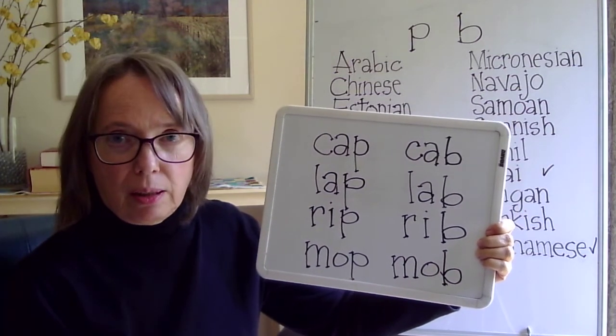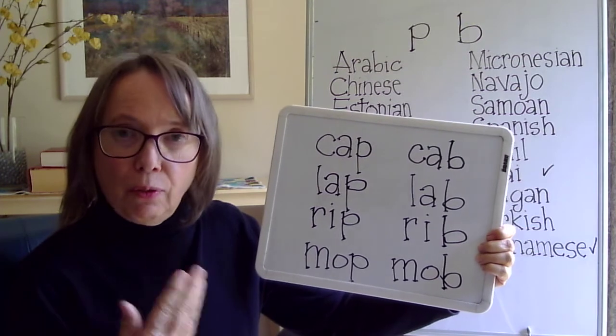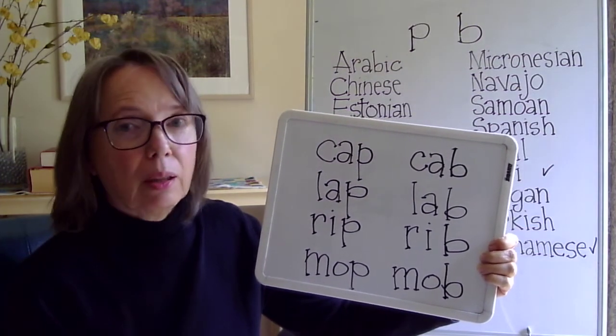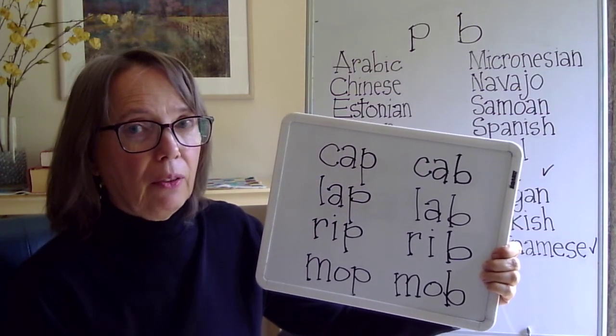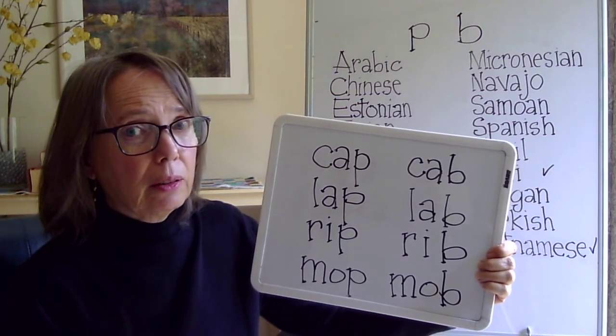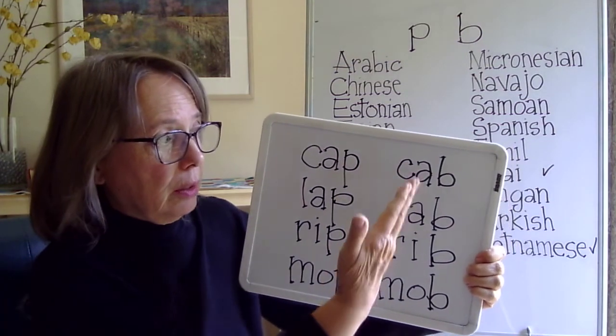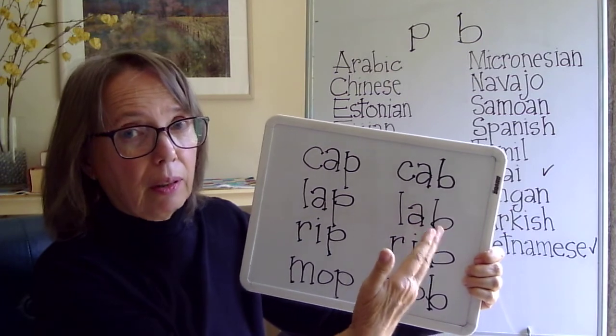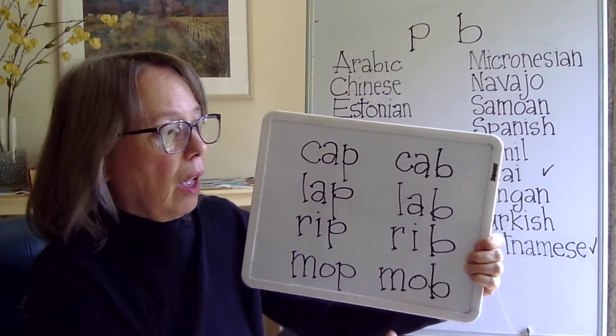This applies to any voiceless and voiced minimal pair. The vowel is going to be longer in front of the voiced consonant. I hope that's helpful.